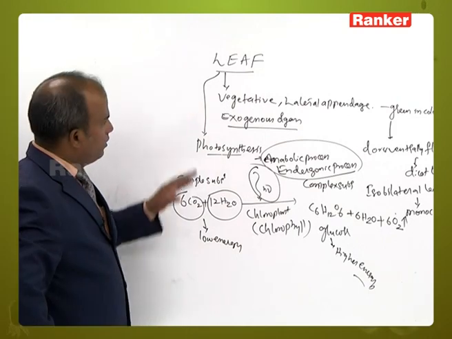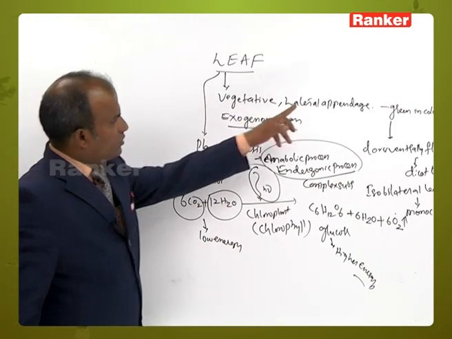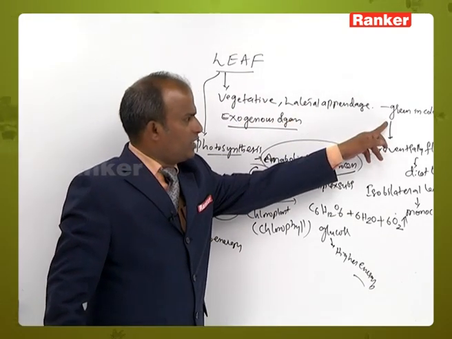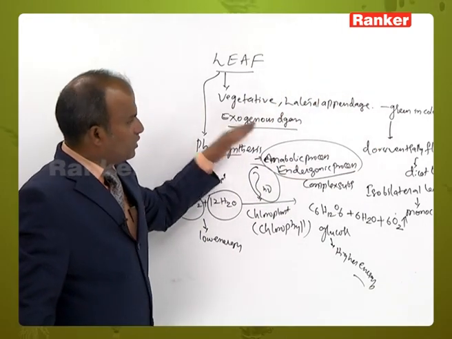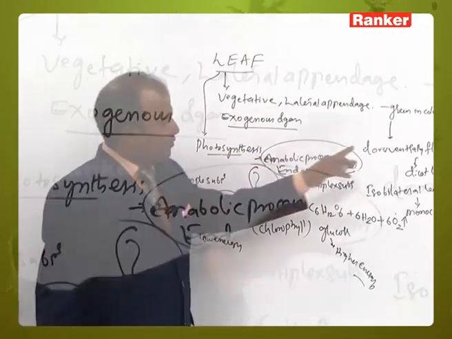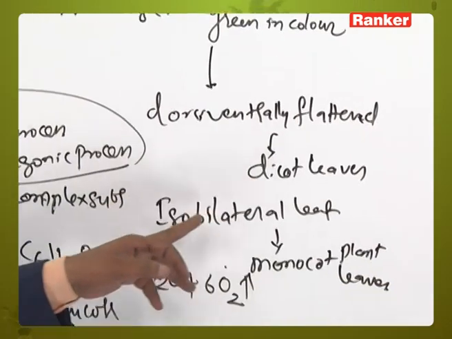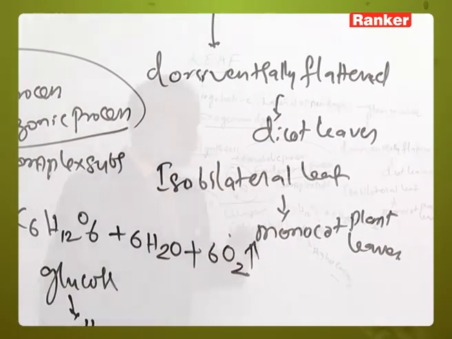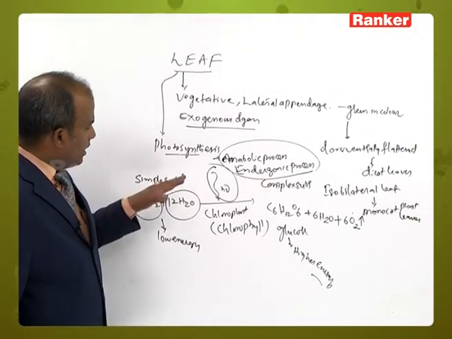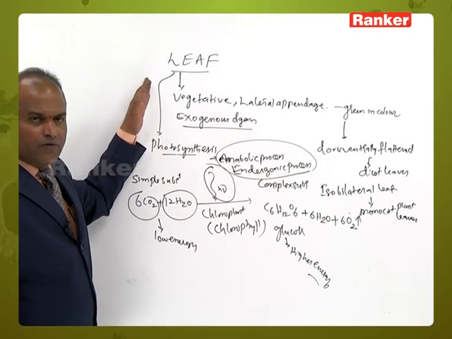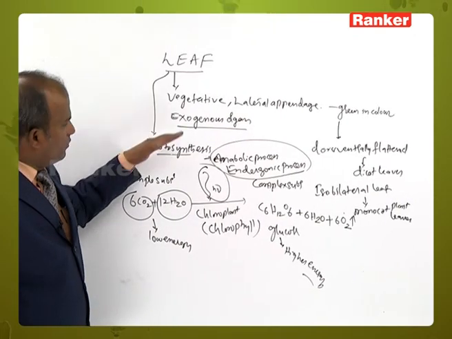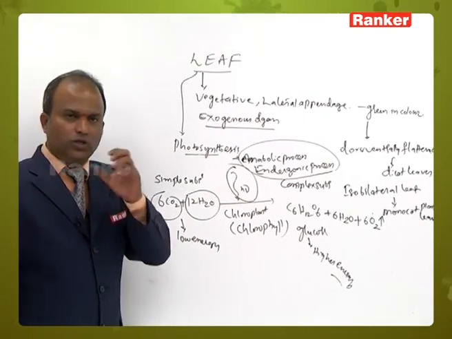That means leaf is a vegetative lateral appendage, green in color, which always develops in an exogenous manner, dorsiventrally flattened in dicot leaves and isobilateral in monocot leaves, and plays an important role in photosynthesis.